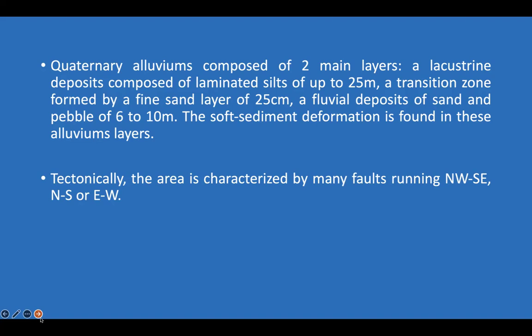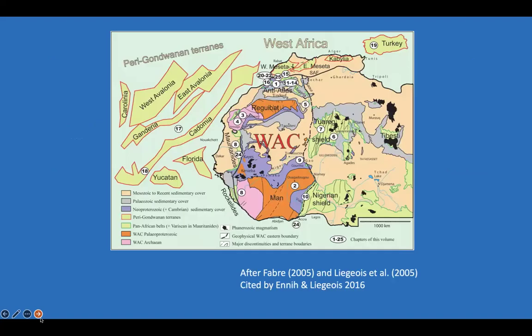That means that before the Niger River, Bamako was a lake, a paleo-lake that formed in Bamako, and we discovered that during our research. Tectonically, we have many faults and fractures in Bamako that can be seen on the map that I will show you. This is the map of the West African Craton, and we can see Bamako right here in the center of the West African Craton.